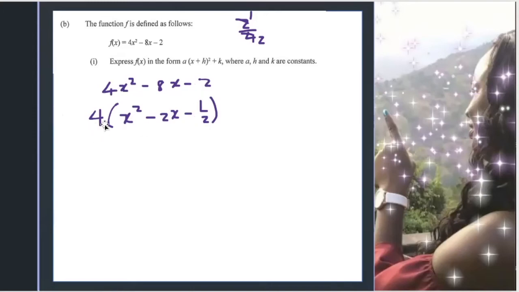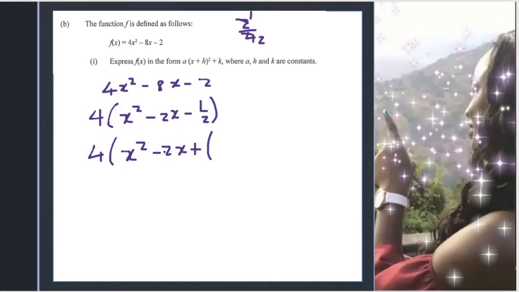So after factoring out the 4, we say we need plus or minus half the coefficient of x. So we have 4 open bracket x squared minus 2x, then plus, we're going to find half of negative 2.